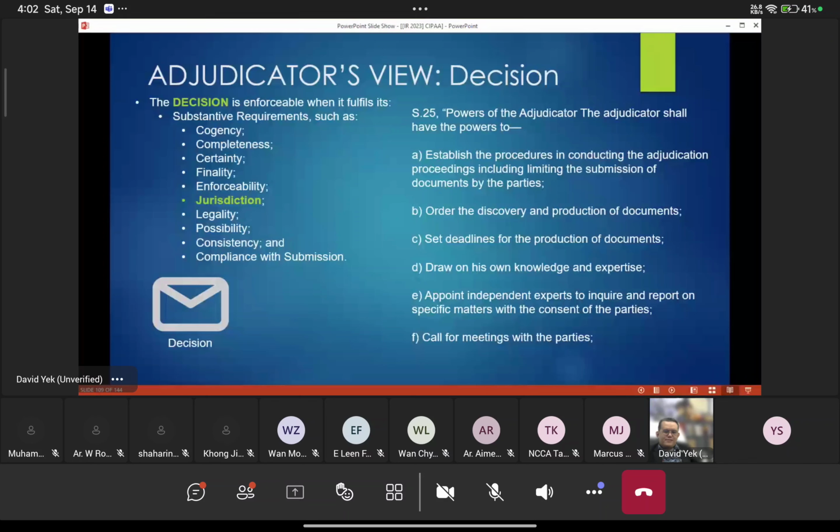This is very important. Now, there's also danger lurking on this line of argument. Draw on his own knowledge and expertise. You see, a lot of these adjudicators are actually technical people, QS, engineer, architect. But can you make a decision by simply saying, I think, therefore I am? You can't.